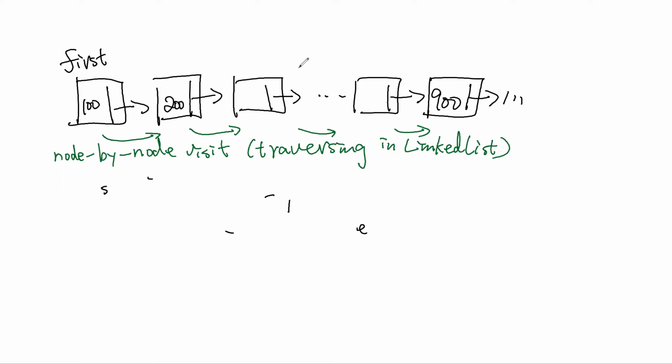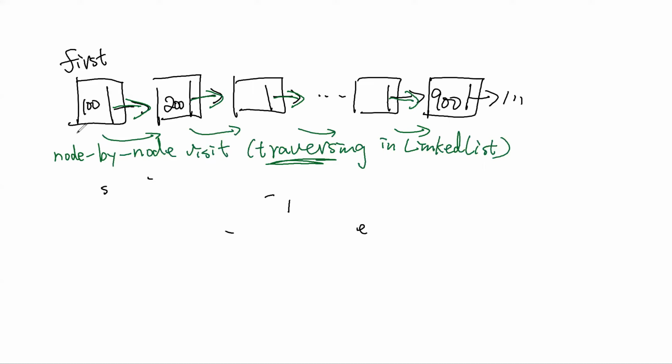You need to go through all of the intermediate ones. This kind of concept, we call it traversing, node by node visit. So how do we do node by node visit? Because each node has this next field, that hook will lead you to every node.